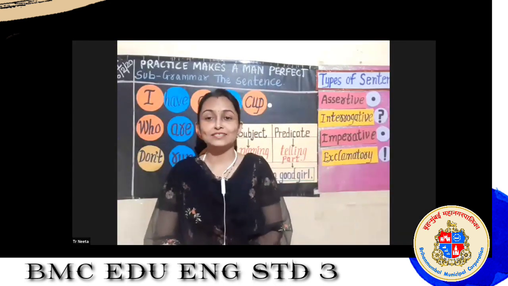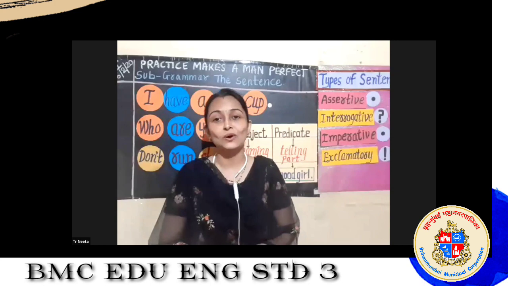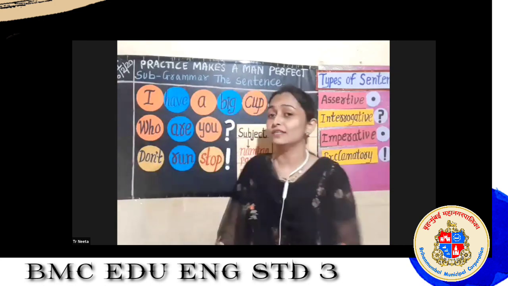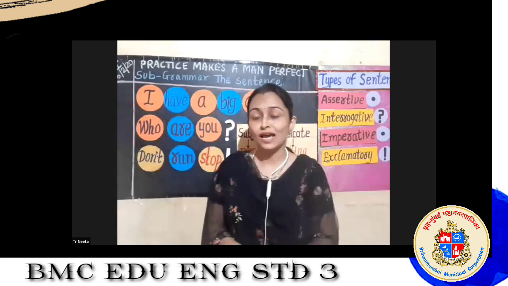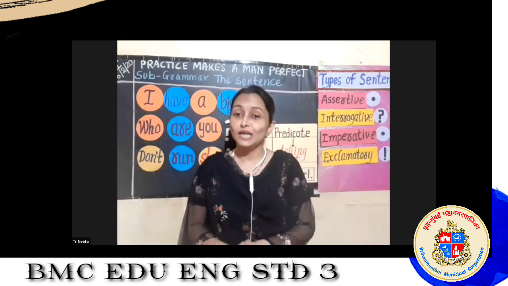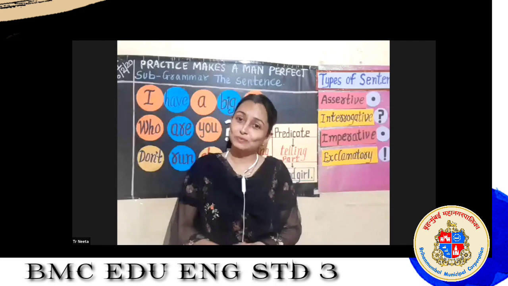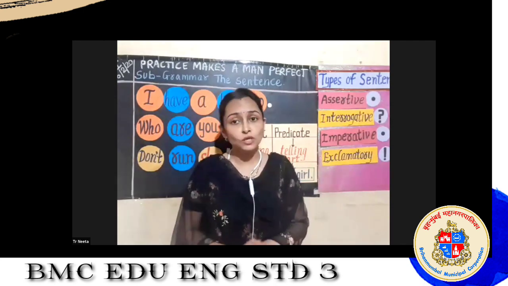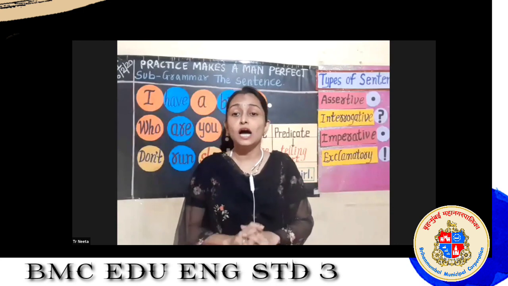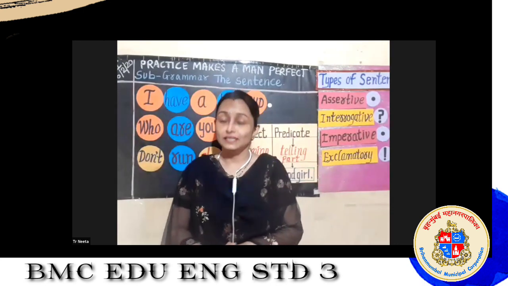So very nice, children. So patiently you all heard the full lesson, the full topic. The sentences covered so nicely. Yes, children. Now is the time to say bye and meet you again very soon. Okay. Now these points are very clear to you all. How to make a statement. Yes, children.